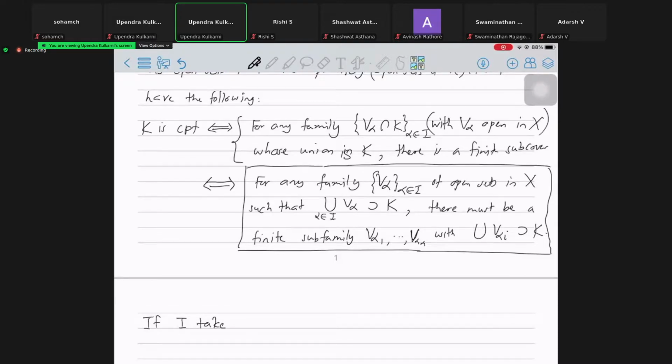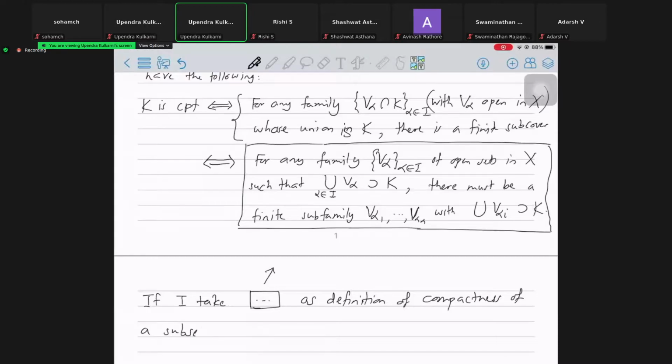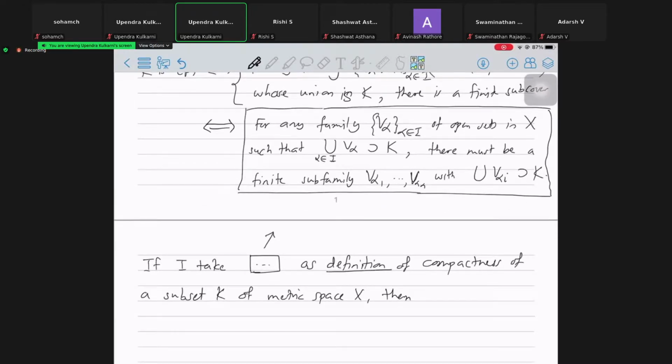If I take a subset as the definition of compactness of a subset K of a metric space X, then K is compact as a subset of X if and only if K is compact.